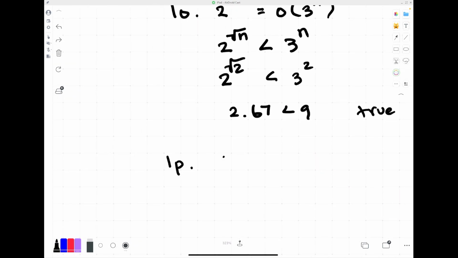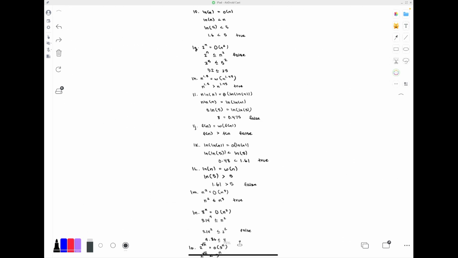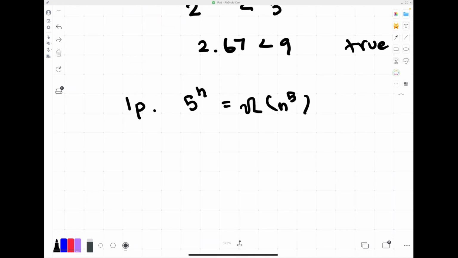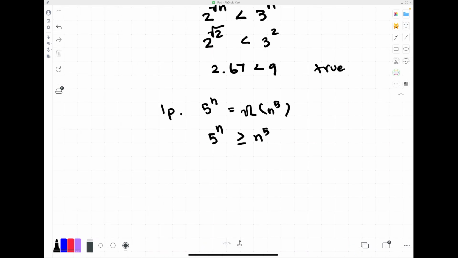1p: 5n is equal to big omega n to the 5th. And big omega is greater than or equal to. And if we look at this, actually, this is an exponential and this is a polynomial. And remember, an exponential always grows faster than a polynomial.